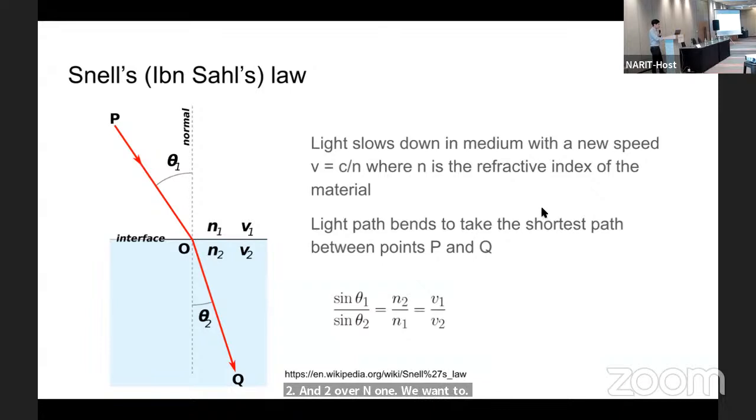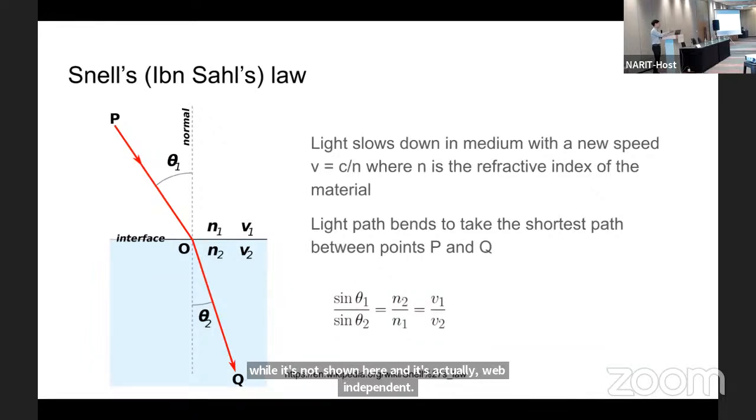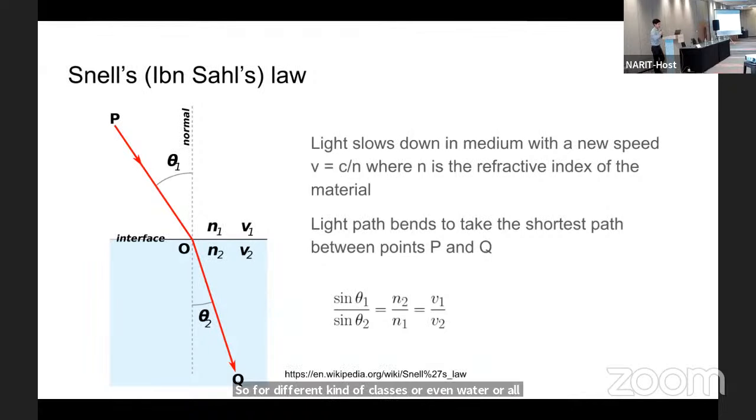The reason why you can use this to spread light is because, what is not shown here, n is actually wavelength dependent. So for different kinds of glasses or even water or all kinds of materials, this property n, which is known as the refractive index, depends on your wavelength.